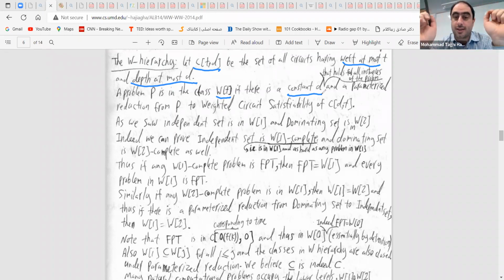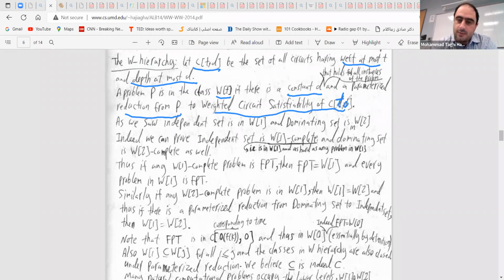The main thing is that the problem is in the class WT if D is any constant, and then there should be a reduction from this problem P to the weighted circuit satisfiability of CTD.